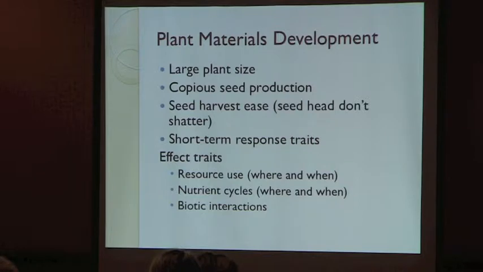And then plant materials on different sites are almost always evaluated simply on the basis of very short-term response traits. And response traits are how a plant responds to a site. We plant it, gee, come back 2 years later, it's a nice big plant, we're good to go.